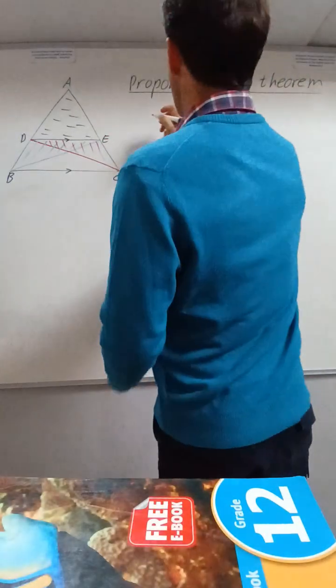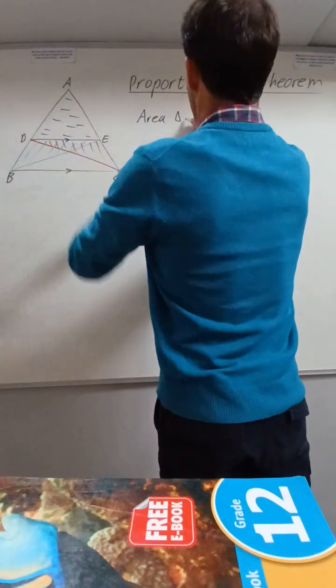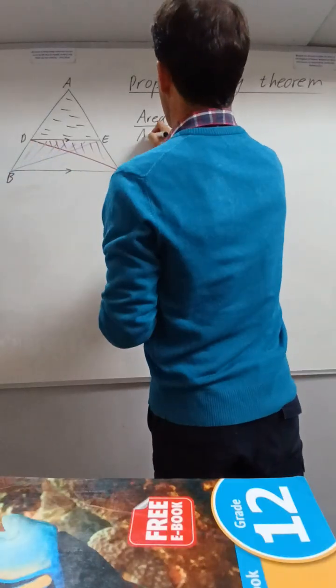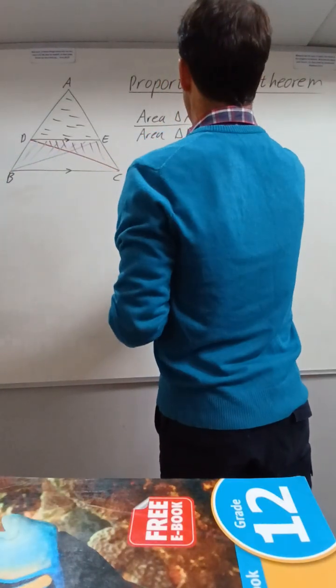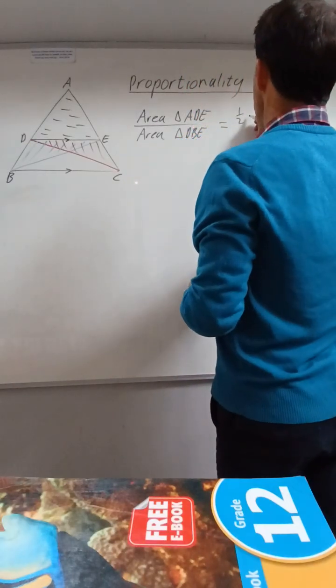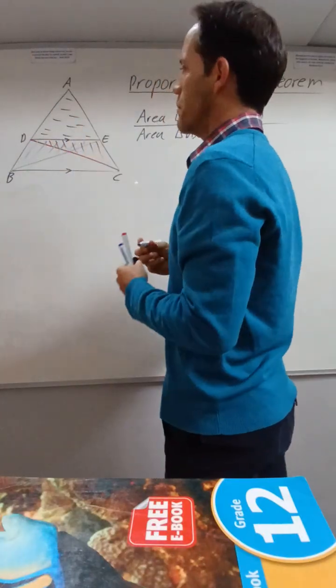Okay, so let's start by saying area of triangle ADE divided by the area of triangle DBE. And we can say that's going to be half times the base. But which one is the base?